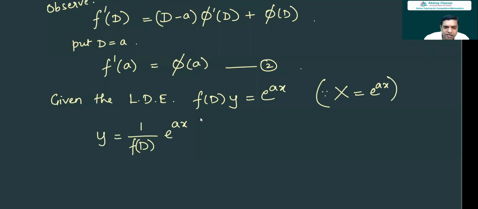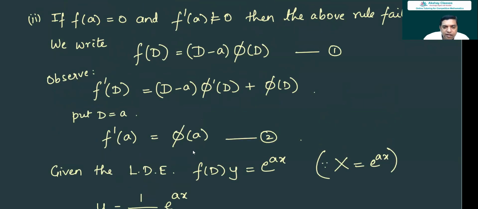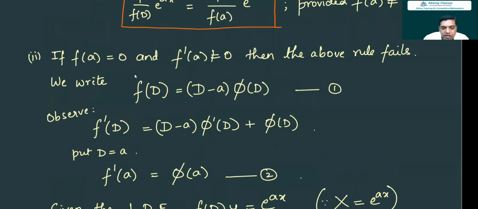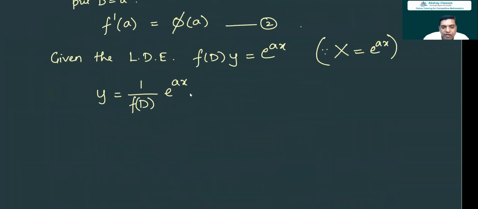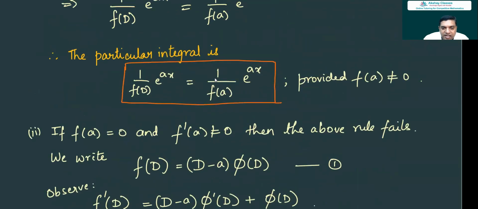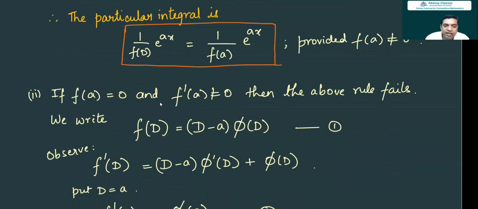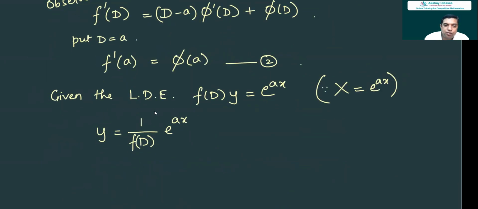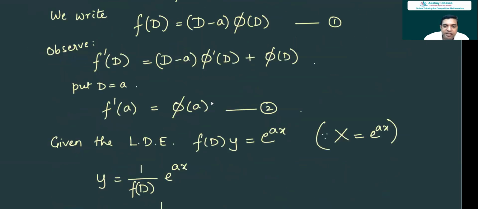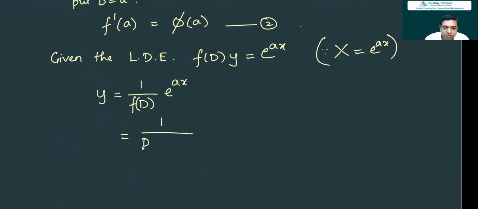We cannot write 1 by f of a times e power ax as in the previous case, because here f of a is 0. So this f of d we will have to write as 1 by d minus a times phi of d. So this operator, one over the other, we can apply.